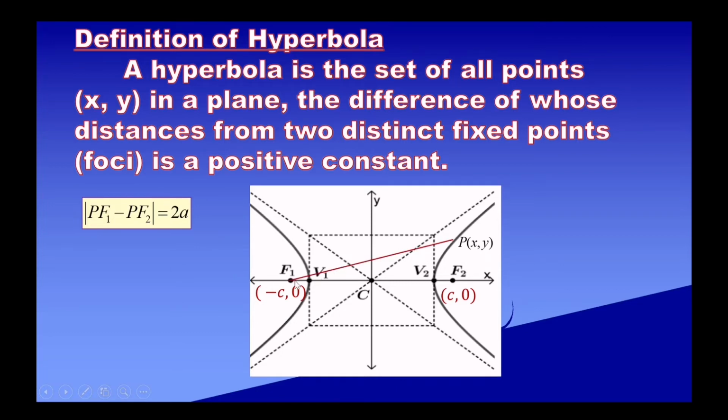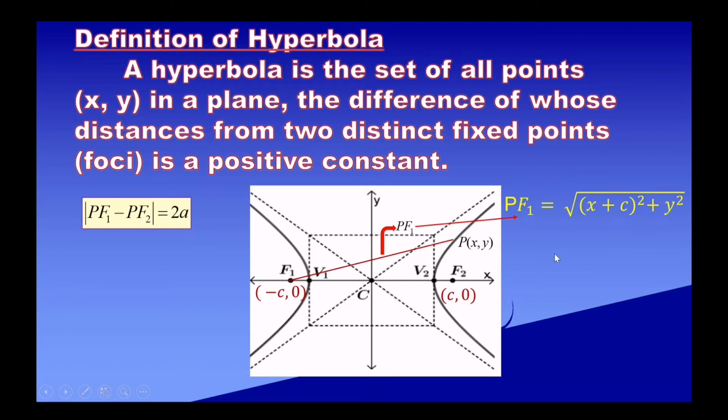Anong ibig sabihin niyan? Ang ibig sabihin niya, we have to find the distance between P and F1. The distance PF1 can be manipulated by using the distance formula. So we have here the square root of (x minus negative c, that is x plus c) squared plus (y minus 0, that is y) squared.